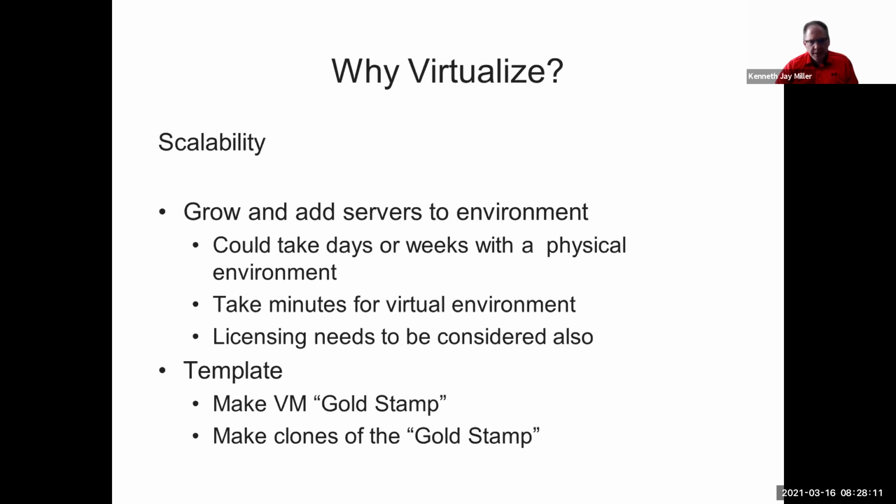And instead of taking an hour or so to build a virtual machine, we can clone it and within an hour have it functioning exactly the way we envision it. Now, as we mentioned in week 1, licensing always has to be considered, right?